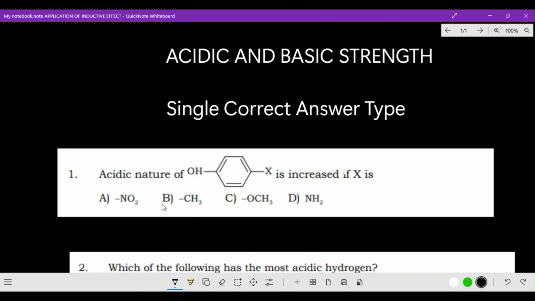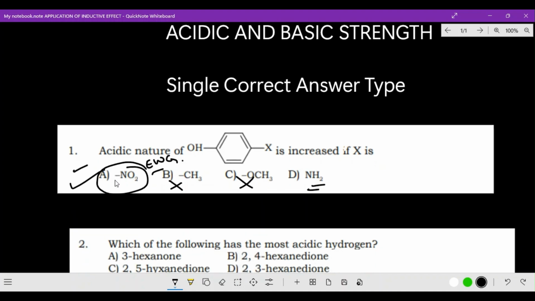Might this be acidic? No, this is a plus I group. It should not be acidic in nature. No, this also will not be acidic in nature. Of course, this is basic in nature. The amino group will naturally be basic in nature. So which has the highest acidic strength? Naturally this one only. Why? Because here the NO2 group is an electron withdrawing group. So naturally the first one, A, is the correct option for acidic strength.